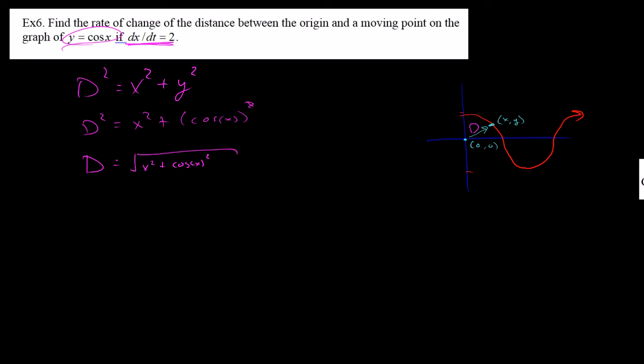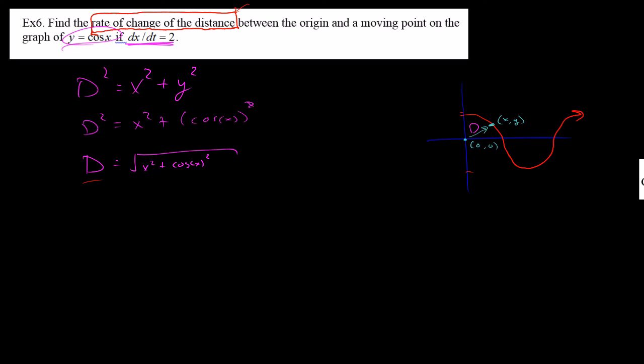And we want to find the rate of change of the distance. This is a key phrase. We know rate of change is what? It's our derivative of the distance. So our distance is just simply our d. We're looking for the rate of change.